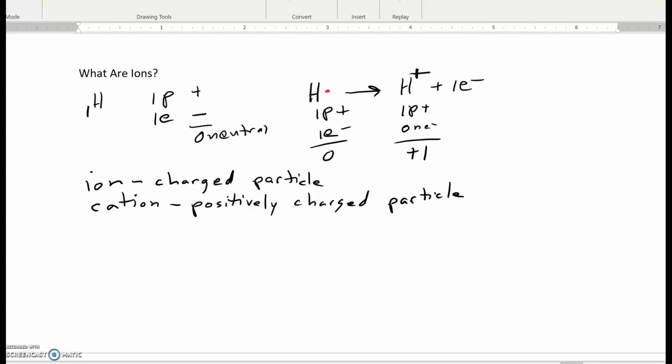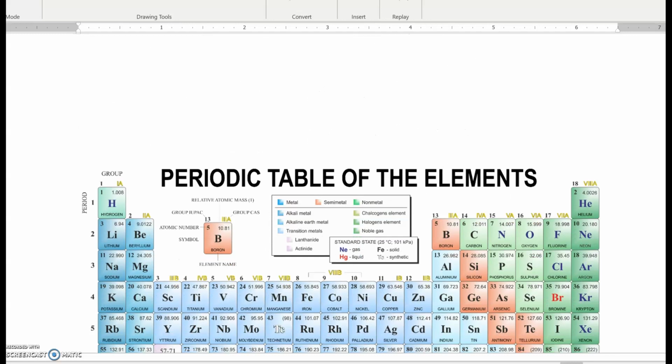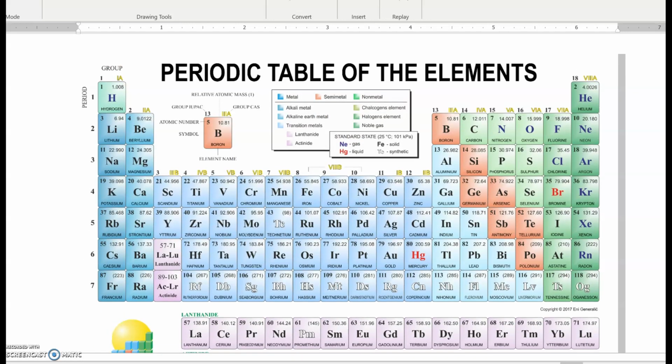Okay, on the periodic table, elements to the right of this line called the semi-metals are nonmetals. Nonmetals are usually negatively charged.